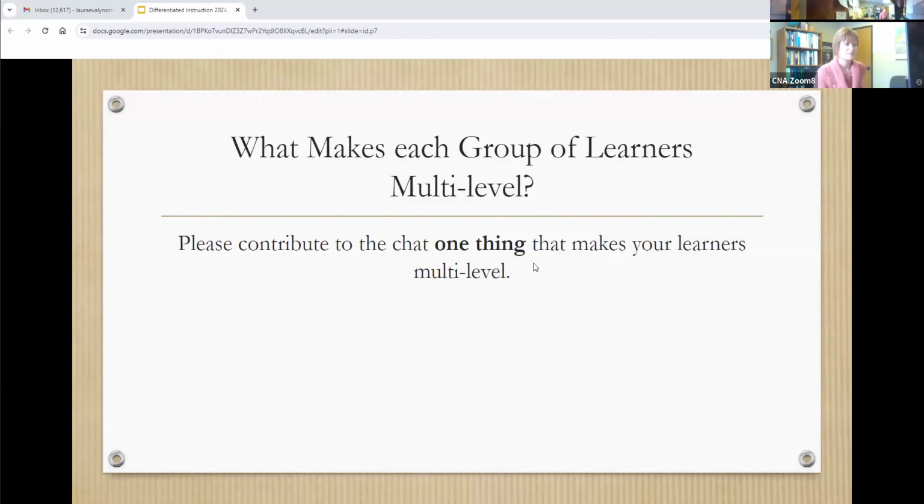Oh, thank you, John. Digital literacy skills, levels of reading, excellent. Different experiences, life experiences, schema, levels of comprehension.